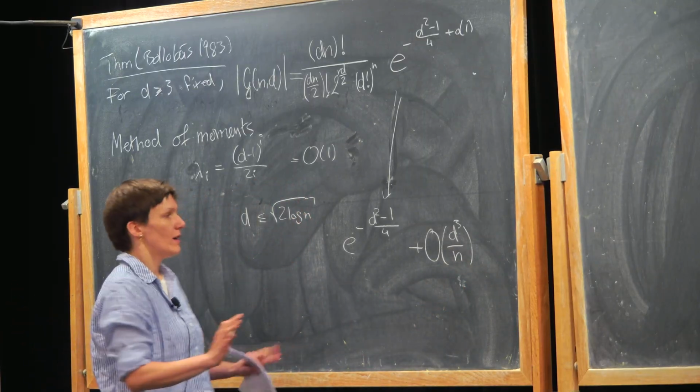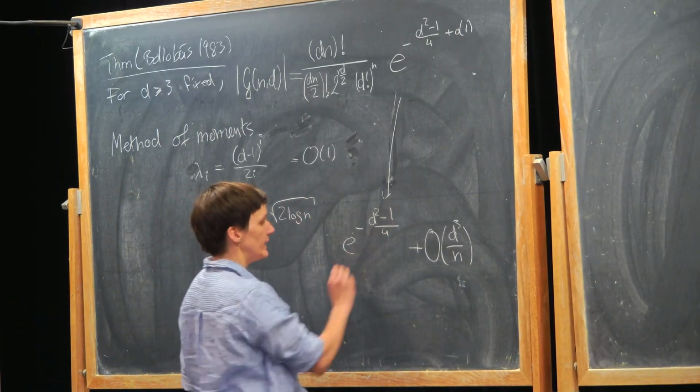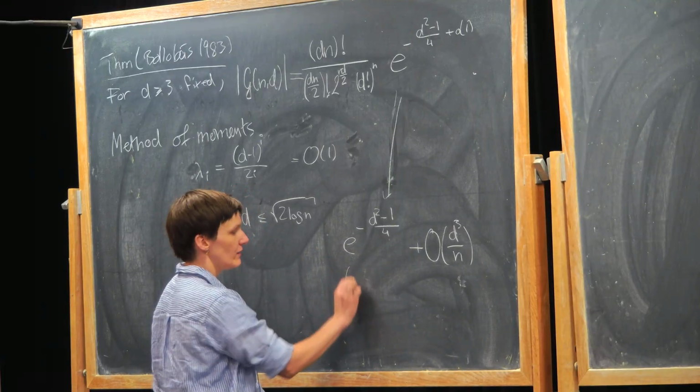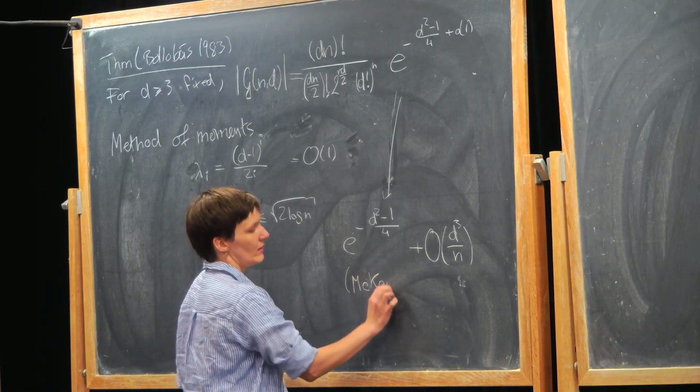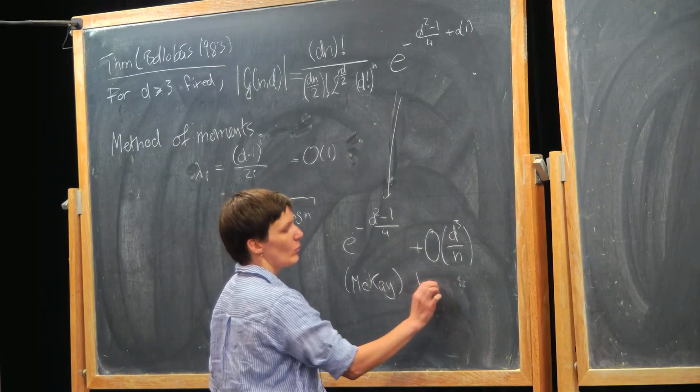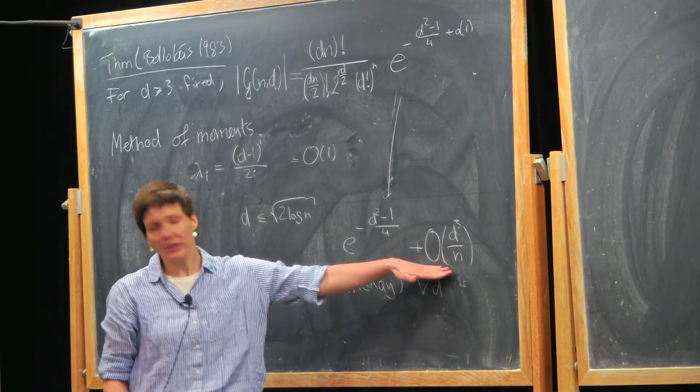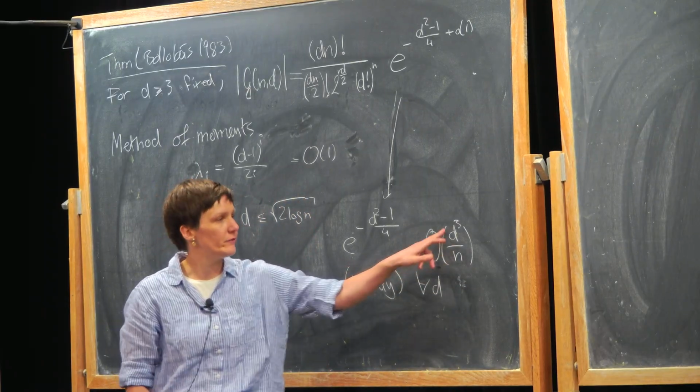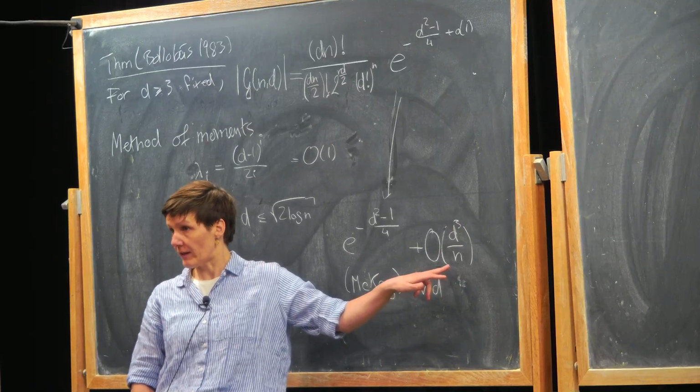So for all d, that's McKay. But of course, that only gives you an asymptotic formula if d is little o of the third root of n.